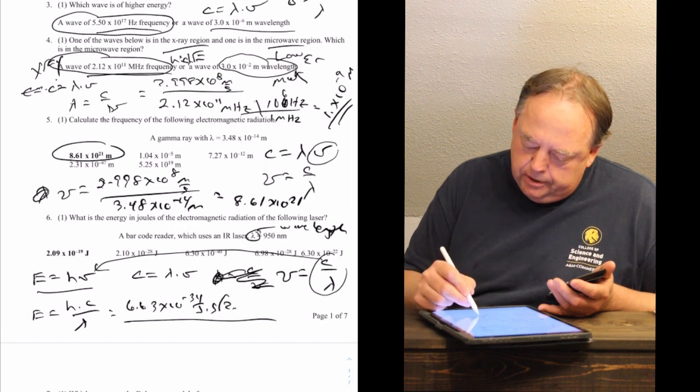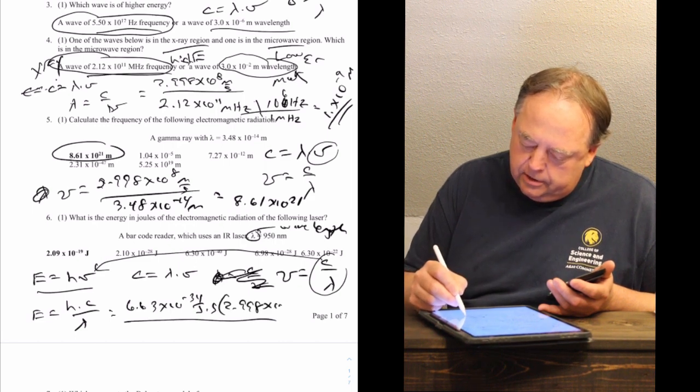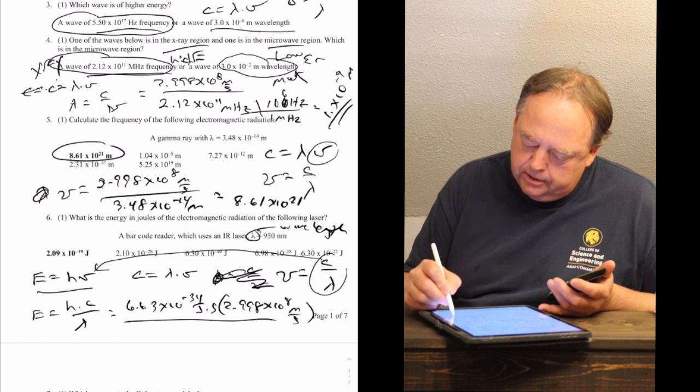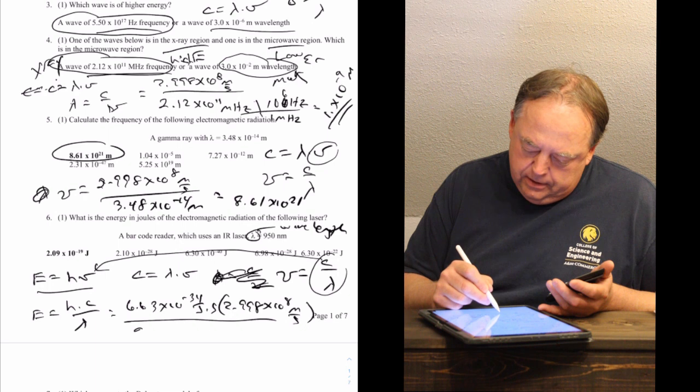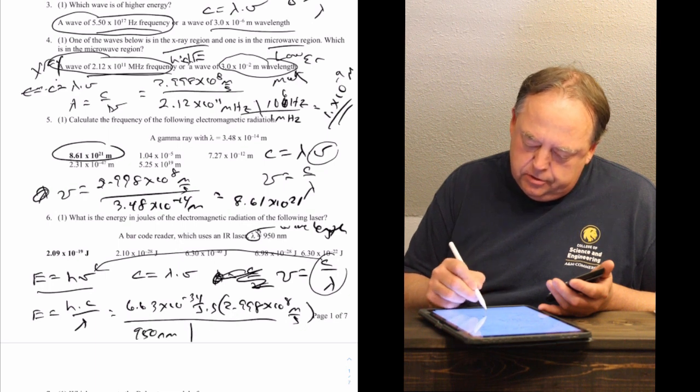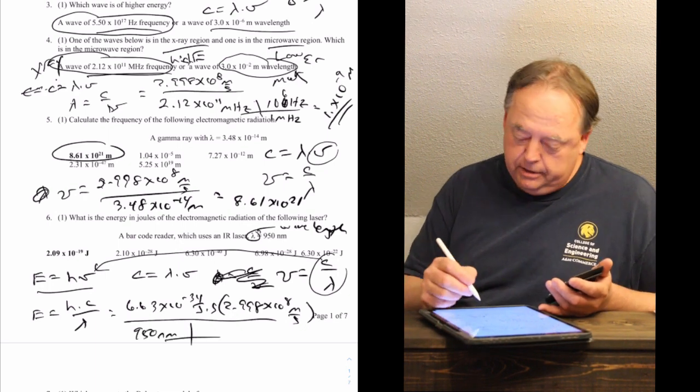Speed of light is 2.998 times 10 to the 8 meters per second, and divide that by the wavelength that's given. That's 950 nanometers, but we need to convert nanometers to meters.